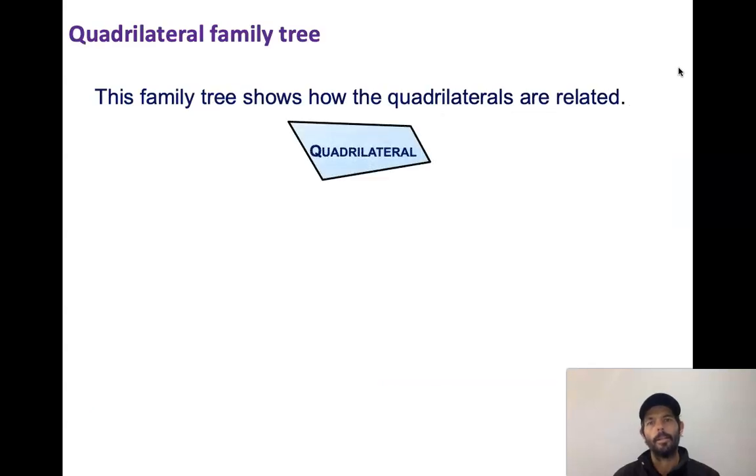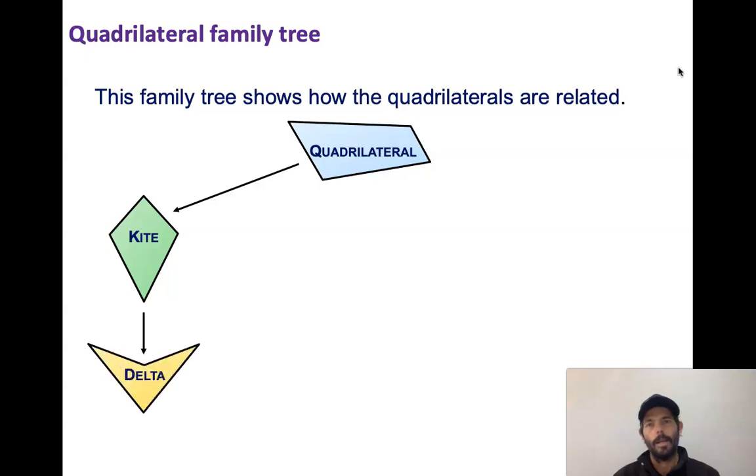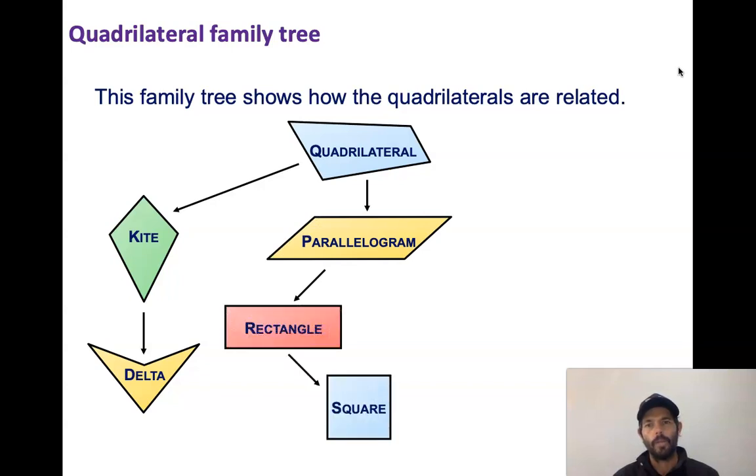Next, I'm going to show you the quadrilateral family tree. So this is how quadrilaterals are related. Kite is related to a quadrilateral purely because it's got four sides, and a delta is related to a kite. Then we have the parallelogram, which is related to the rectangle, the square, and the rhombus, and that's four sides.